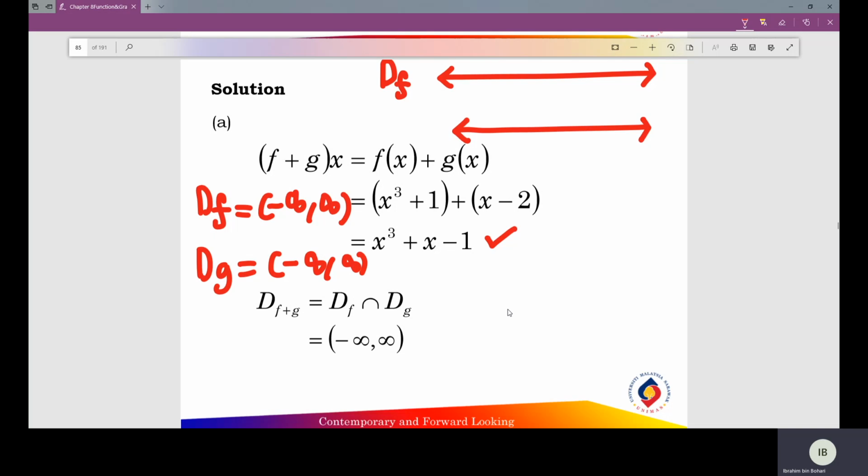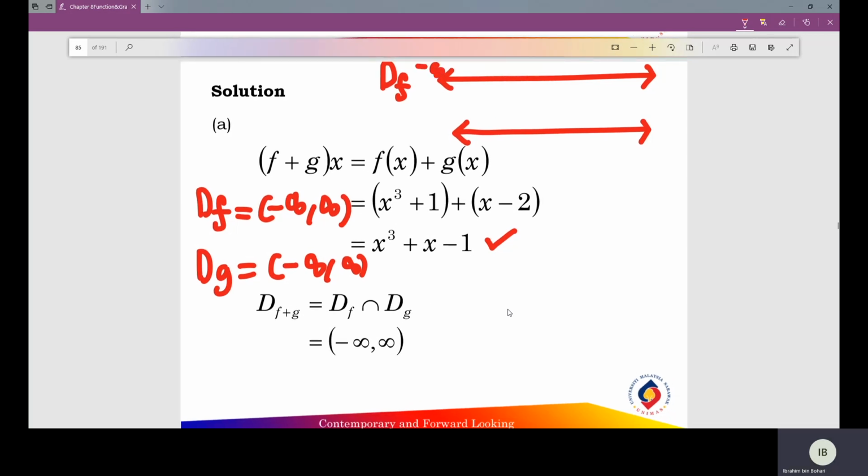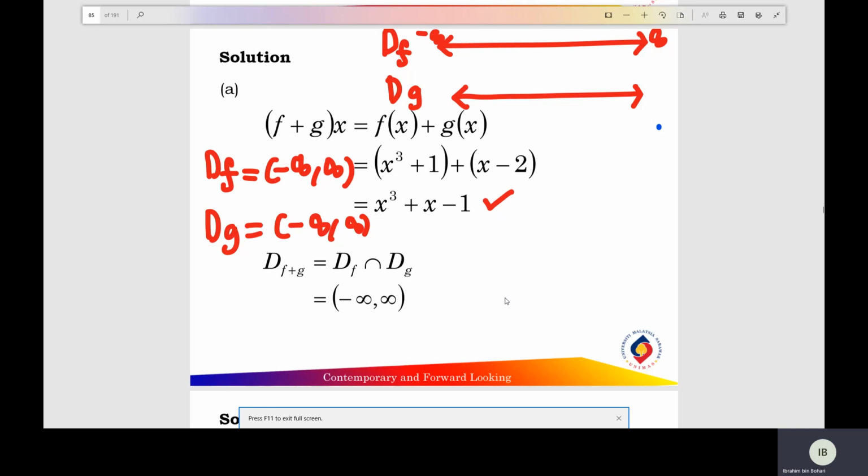Okay, so first function, domain of the cubic, all the real numbers. It means start from negative infinity to positive infinity. Okay, defined for all the real numbers. And second, domain of the linear function g, defined for all the real numbers. Okay, and then you find the intersection of the two functions.